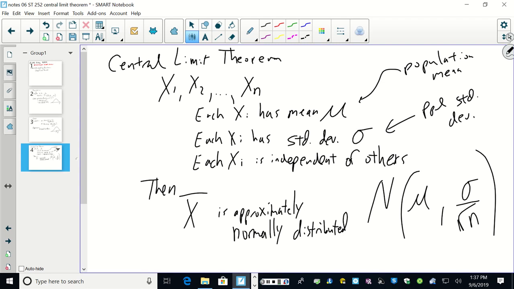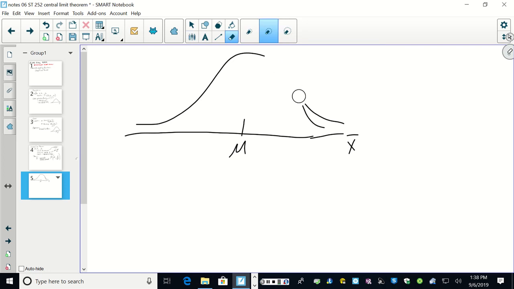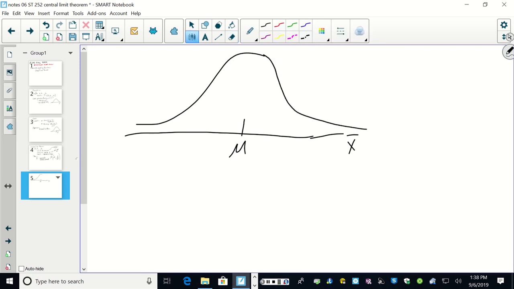So we can draw an enhanced picture of what that sampling distribution should look like. We could draw a picture of the sampling distribution, and we'd want it to be a little bit nicer than that, right? Where there's a mu in the middle. Come down a little bit more, so it's a little more bell-shaped.